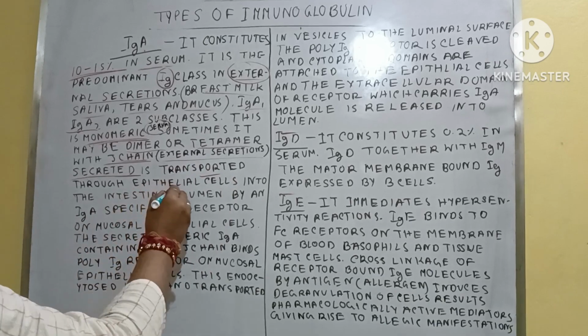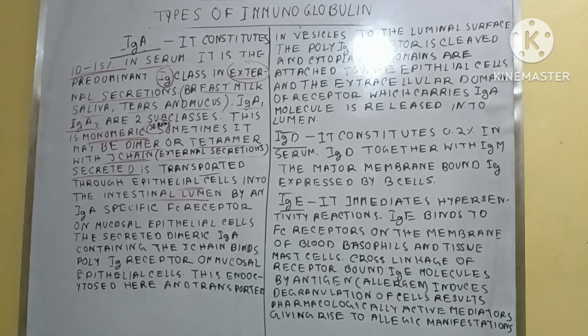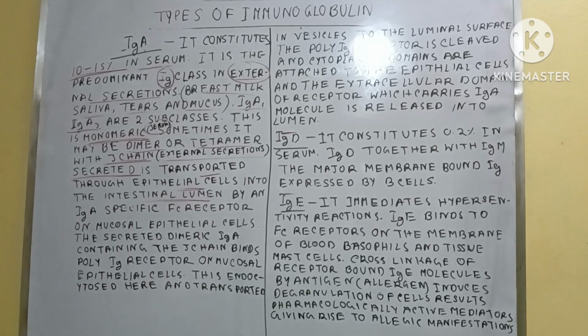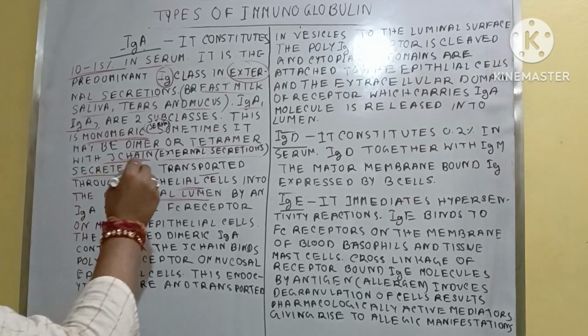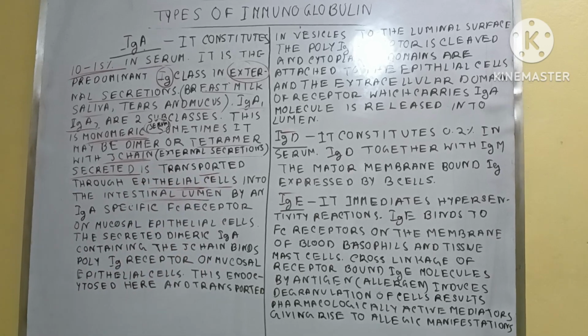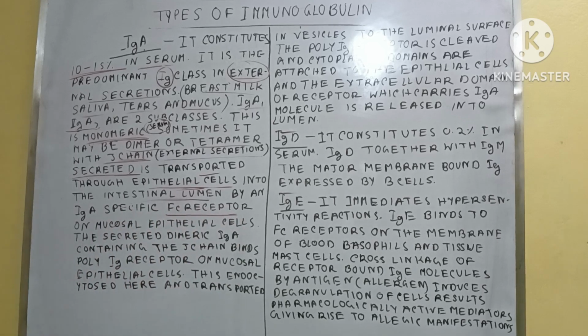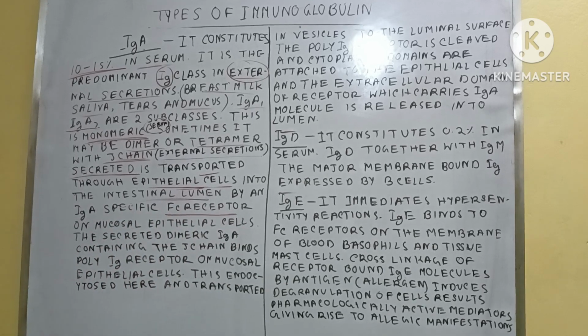Now, this secreted IgA, found in the external secretions, is generally transported through the epithelial cell into the intestinal lumen. And here one Fc receptor is very important that helps in the transportation.